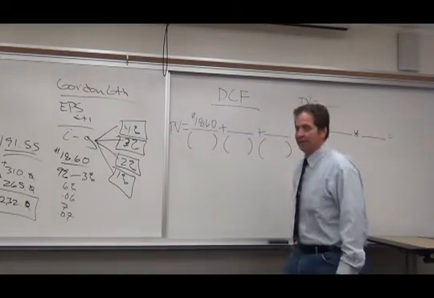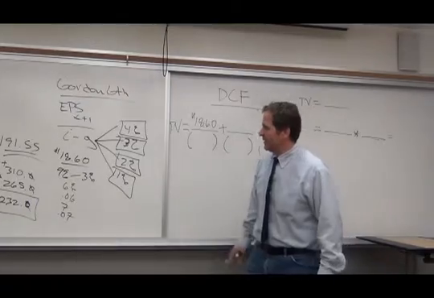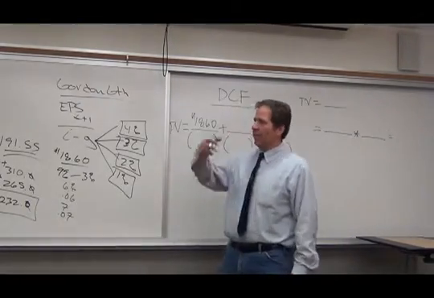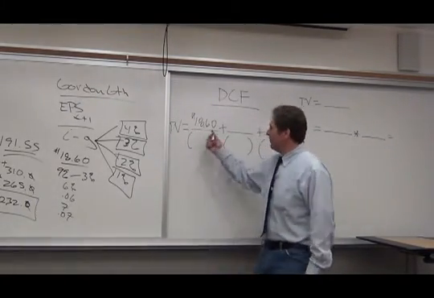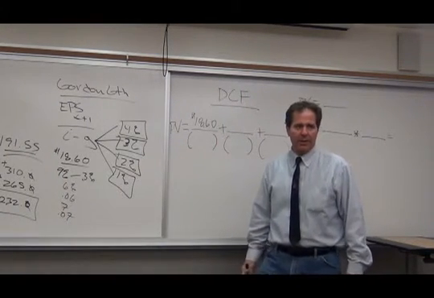Okay, so let's do it. So the question becomes, we've already taken the base EPS, grew it out one more year, so a forward-looking earnings per share of 1860.